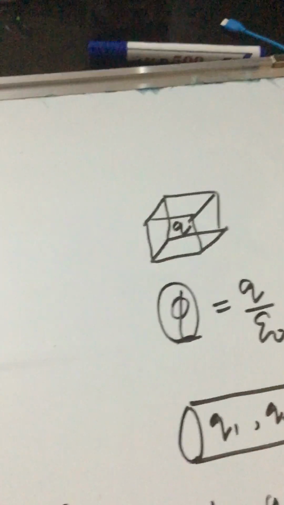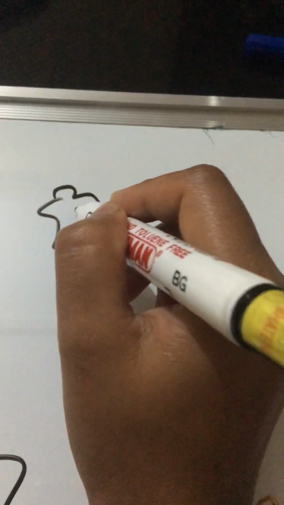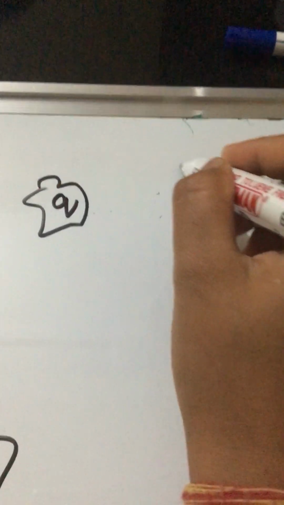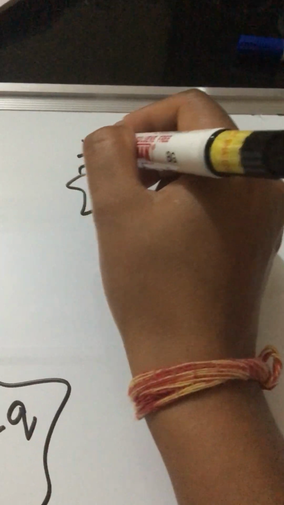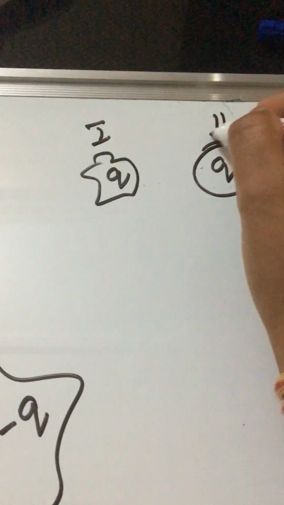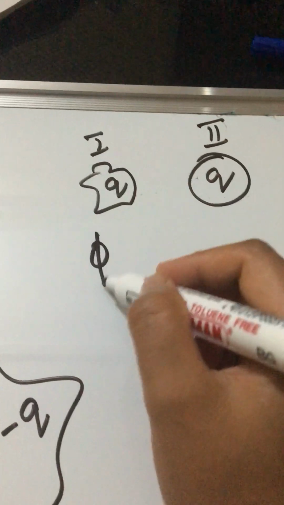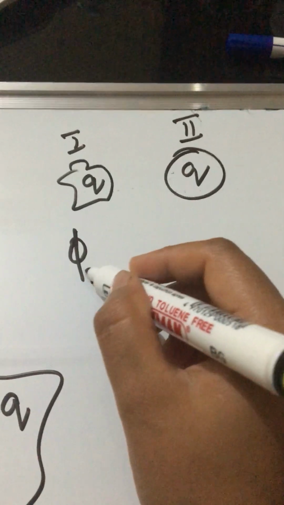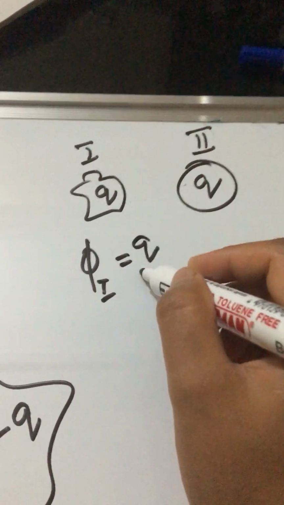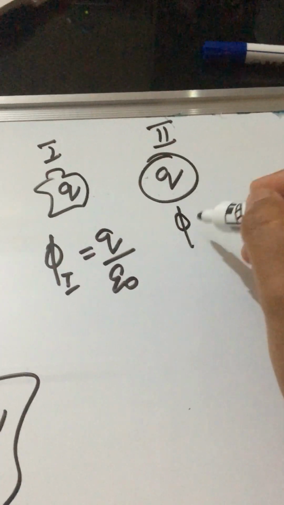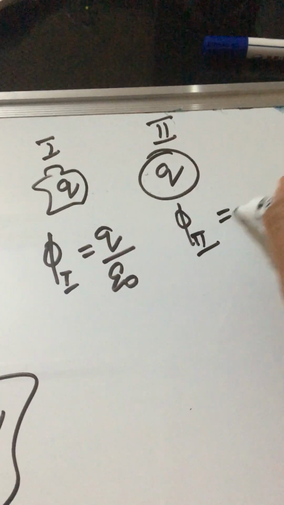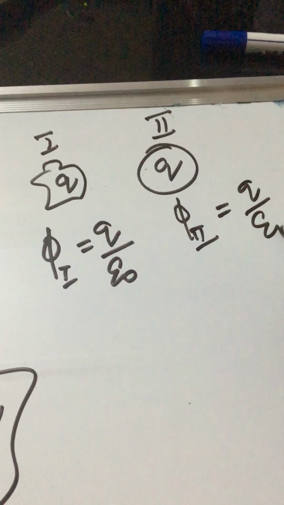Okay, is it clear? Then suppose here are two surfaces. Let's say this has charge q and there is another surface around it. Let's say this is surface 1, this is surface 2. What is the flux through 1? Q by epsilon. Does it depend on the surface? Now flux through surface 2, what is it? This is also Q by epsilon.